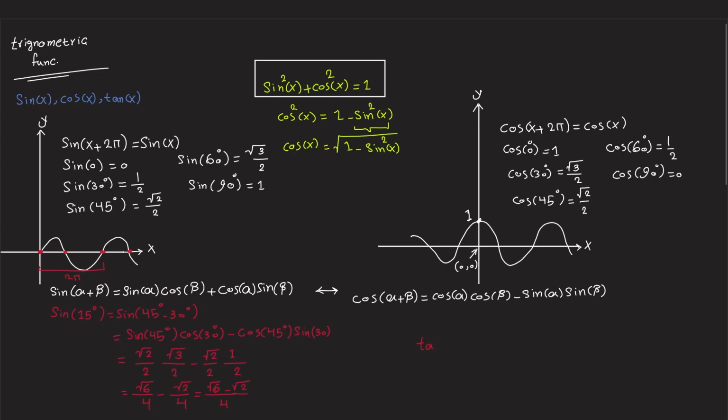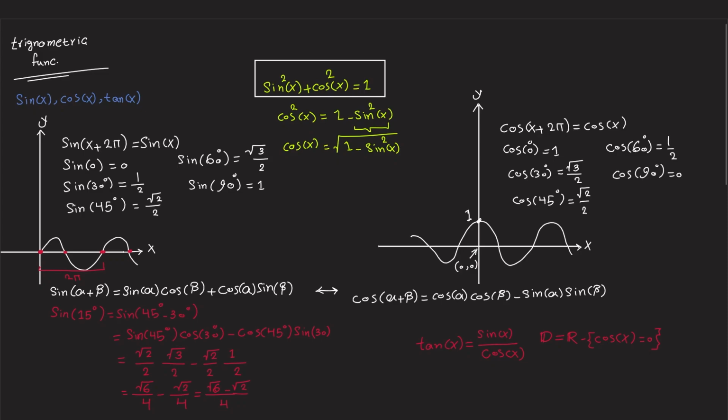And tangent is basically the sine of x divided by the cosine of x. The tangent function will have a domain of R, the set of all real numbers, except for where cosine equals 0.